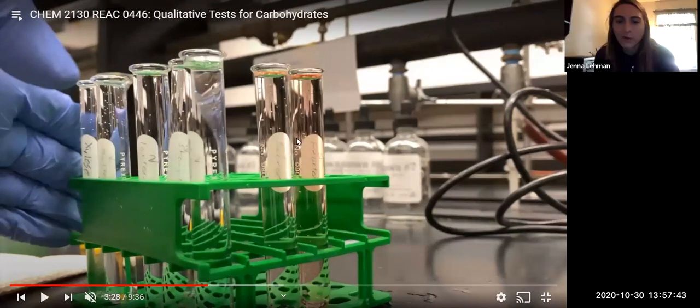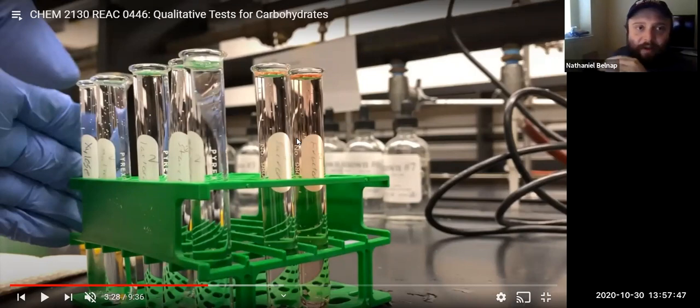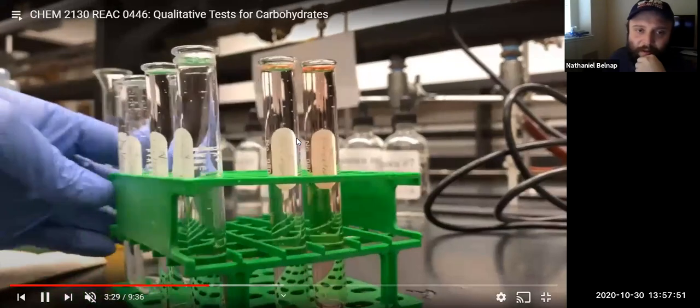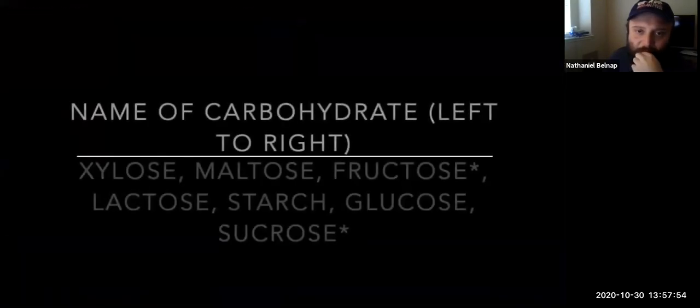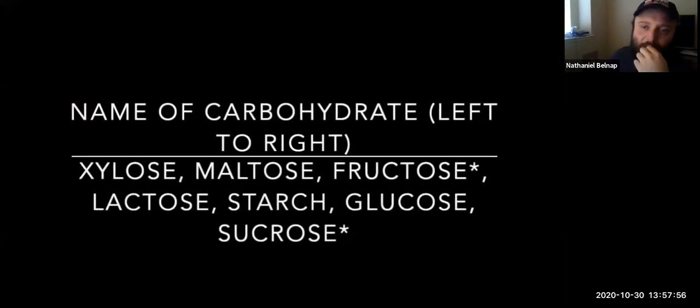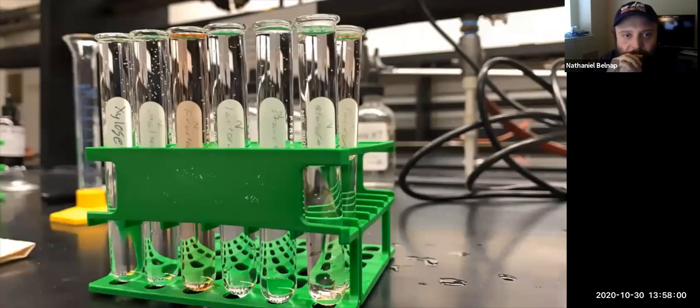Is that under the final line? Yeah, because it looks like after this step here, it's going to be done. Let's see. So yeah, fructose and sucrose. So yeah, that was it.